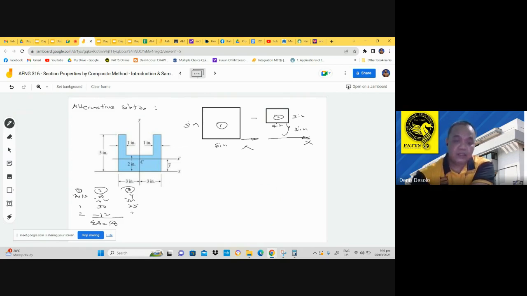So basically, this is 3.5. Fourth column is the product of the second and the third. Okay. So that will be cubic inch. So first is 30 times 2.5.